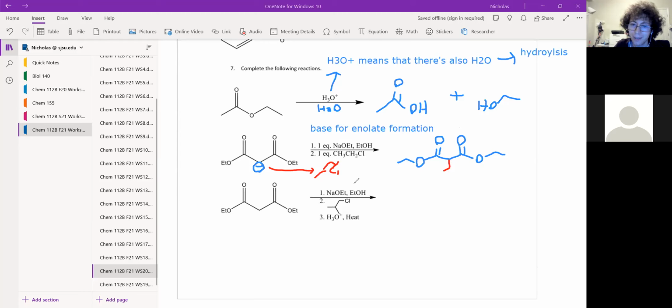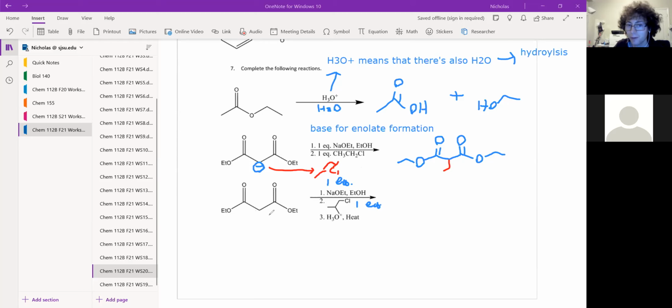And this was a typo on the next one. I meant to put one equivalent. So we're going to assume that I put that. If you worked through it assuming I meant excess because I didn't put it, that's my bad, but this is what I meant for it to be.